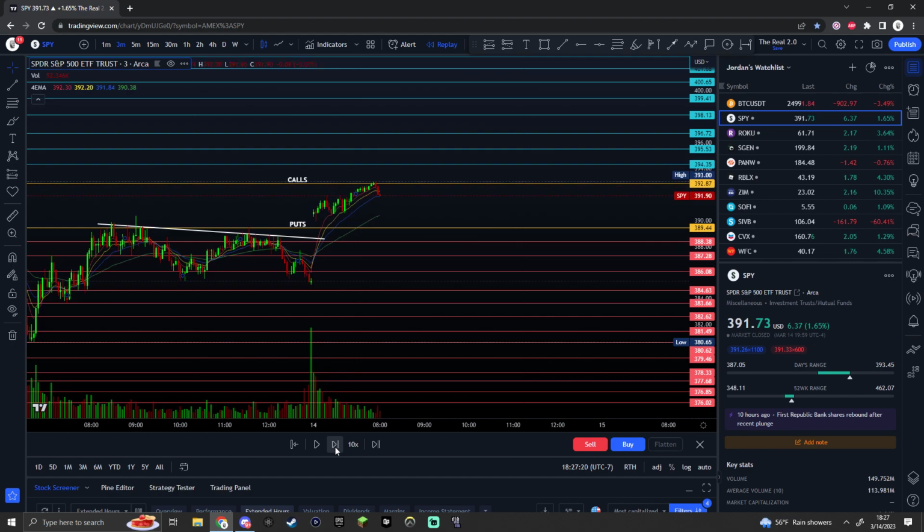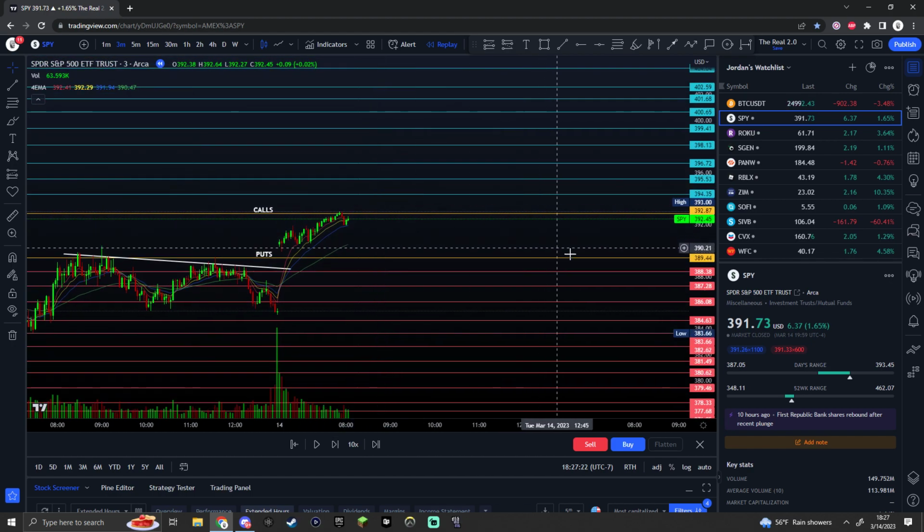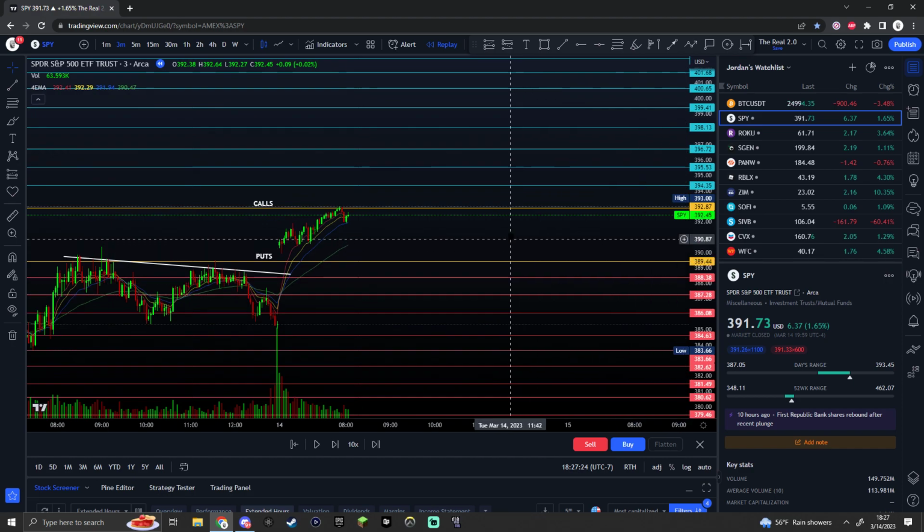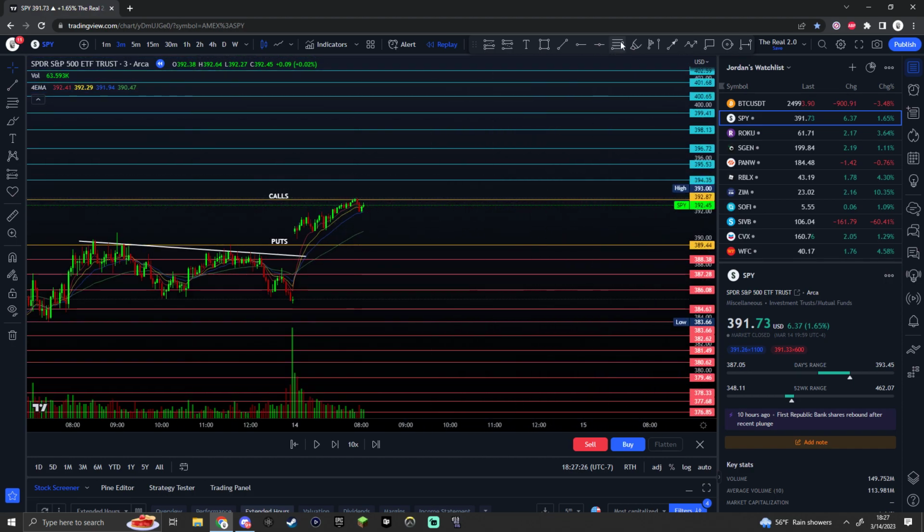Okay, we reject right on our calls level. Let's see if we can break through. We have a nice trend going. We can follow that, see if it holds up. And if not, we can enter on that break, or we can wait for it to go below that if it does.